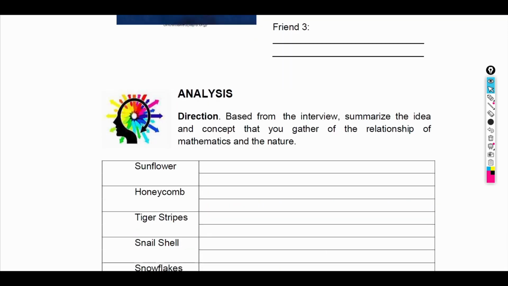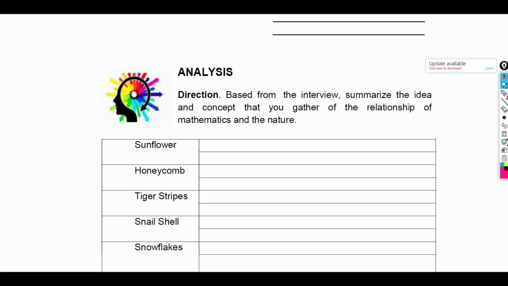So, right after the activities, next is the analysis. As per direction, based from the interview, summarize the idea and concept that you gather of the relationship of mathematics and nature.